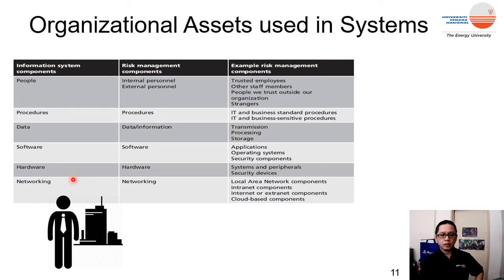Okay, so usually after categorizing those assets, you have a risk management component. What will be the risk involved with the asset that you have identified? For example, perhaps you need to have proper employees or staff members with regard to the asset that you want to protect, and also what are the procedures, what is being done to the data, for example, transmission, processing, or storage.